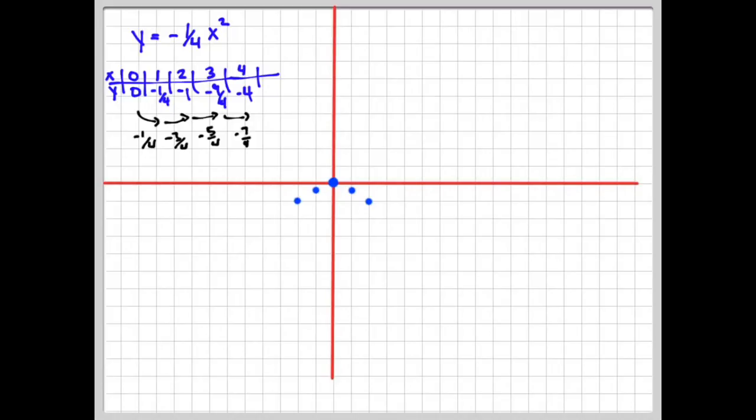And then I've got 3, negative 9/4. So I went down 5/4. And so on. And I got 4, negative 4. So now my vertex, instead of being the lowest point of my parabola, is the highest point because this parabola opens down.